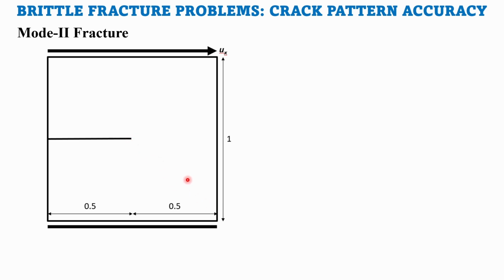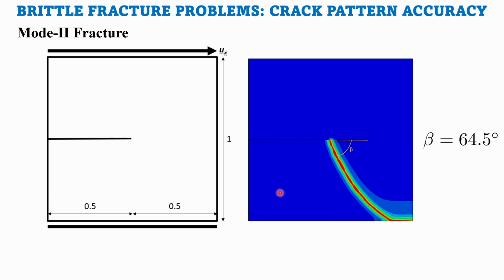At some angle. That angle is closer to 70 degrees. Using this phase field model, we got this crack where this angle was 64.5 degrees. It generally varies from 65 to 70 degrees. But if you have 64.5, you are good to go. That's okay.